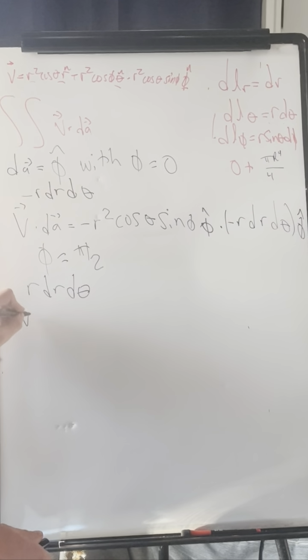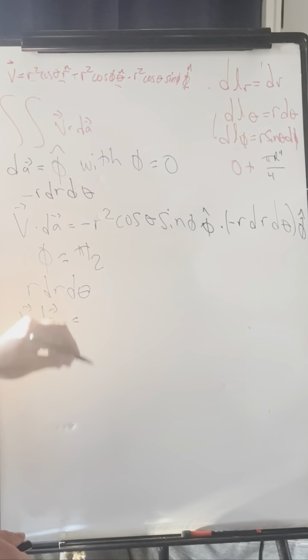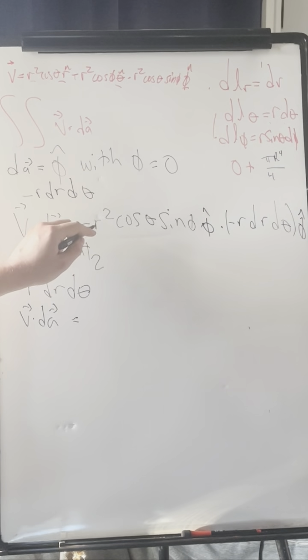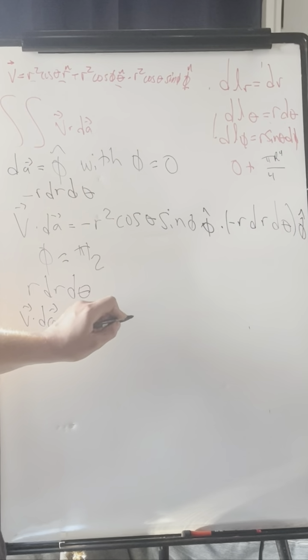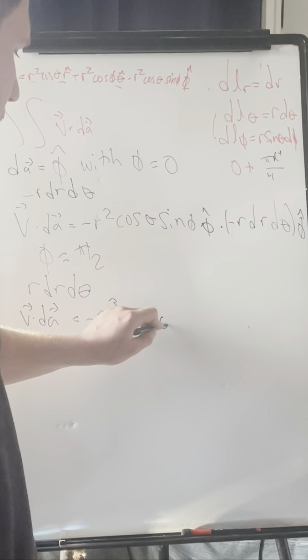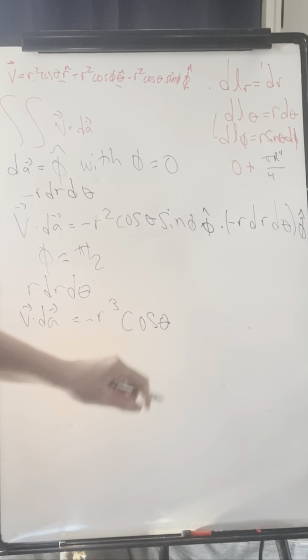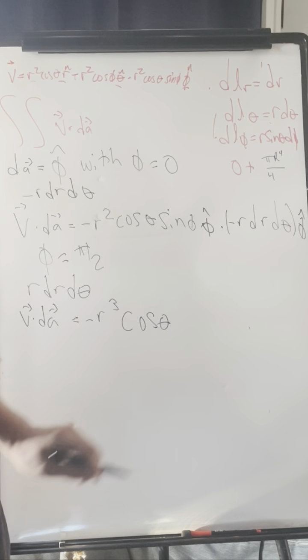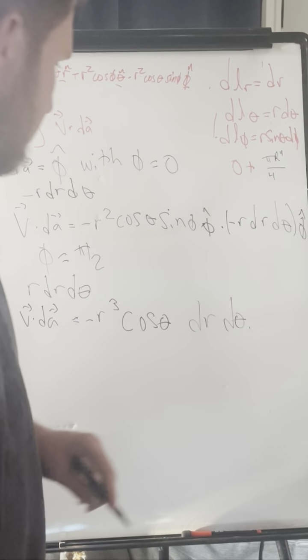So v dot dA is similar, but not 0. It's going to be minus r cubed cosine theta times sine of phi, which is pi over 2, which is just 1 in this instance, dr d theta.